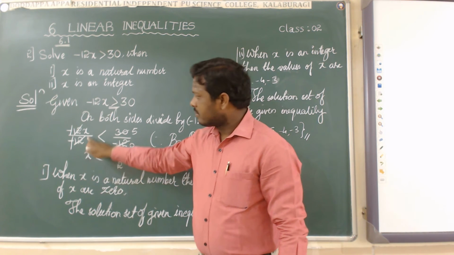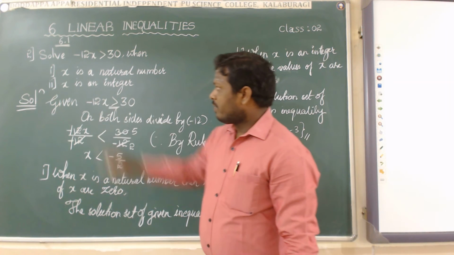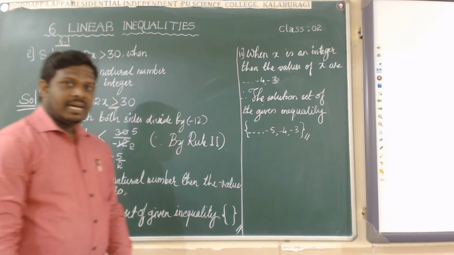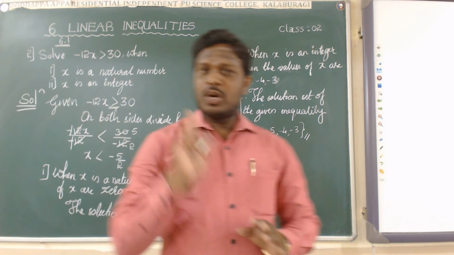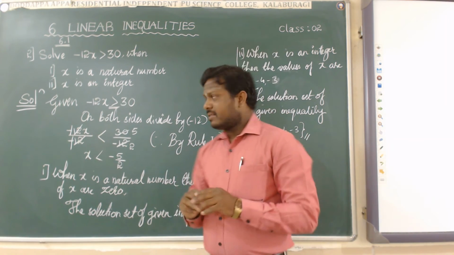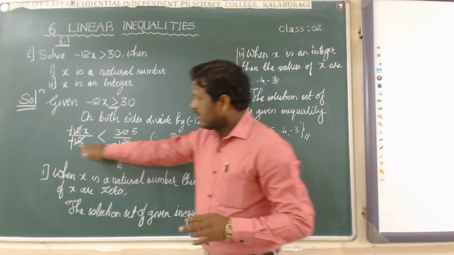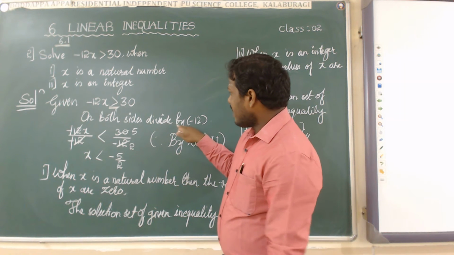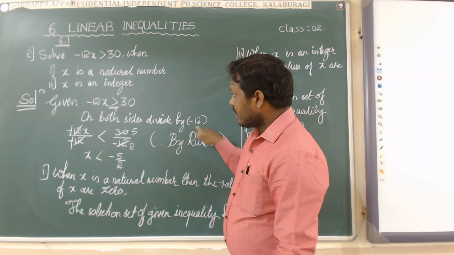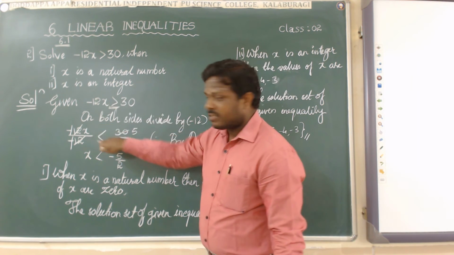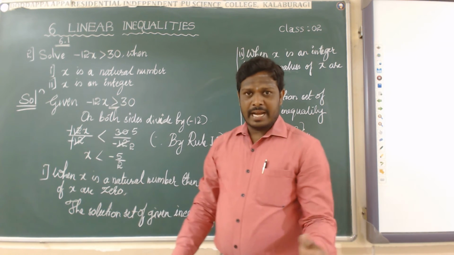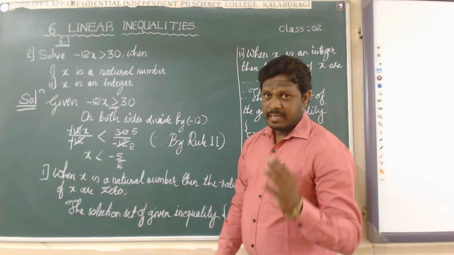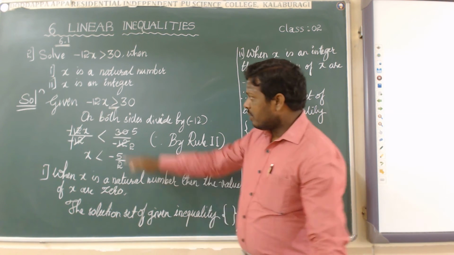For removing the minus 12 from the left side of the given inequality, I am using the second rule. The second rule means I am dividing this statement on both sides by minus 12. Then the sign of inequality will be reversed, by the second rule. Read the second rule properly, then you will get it.